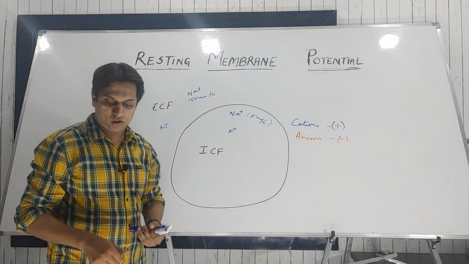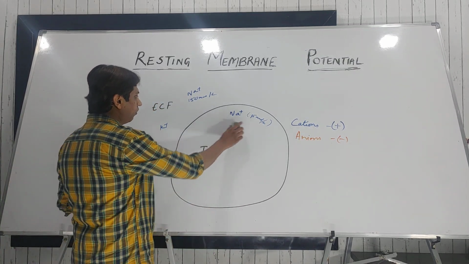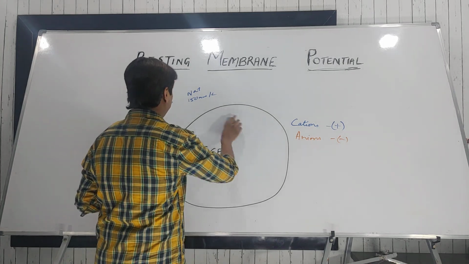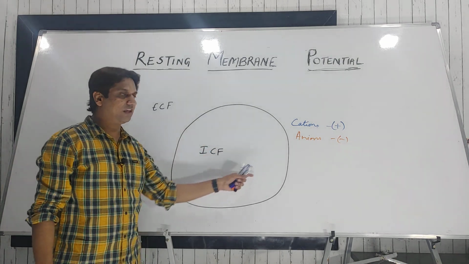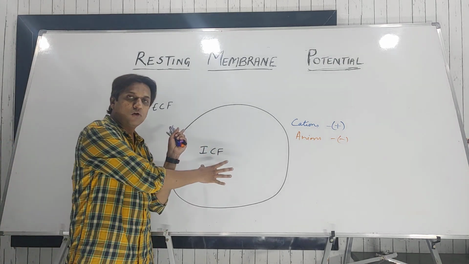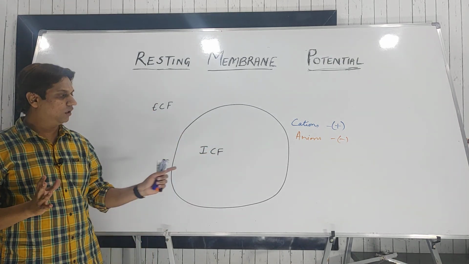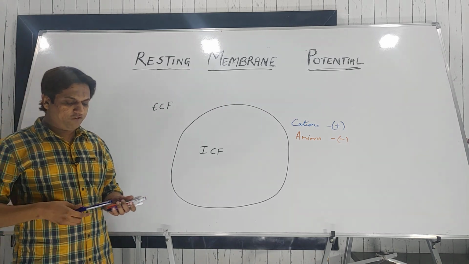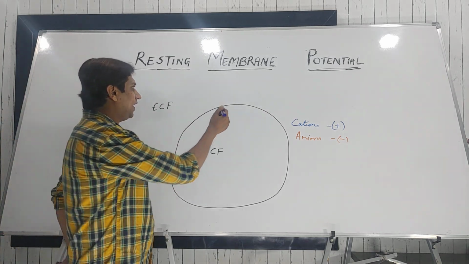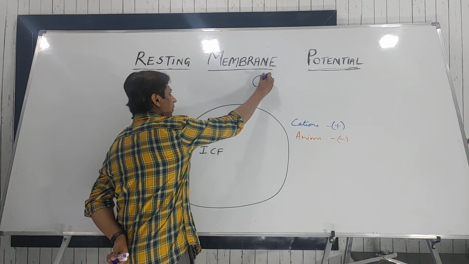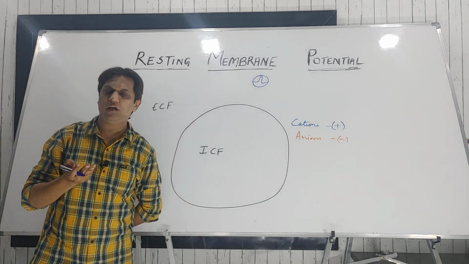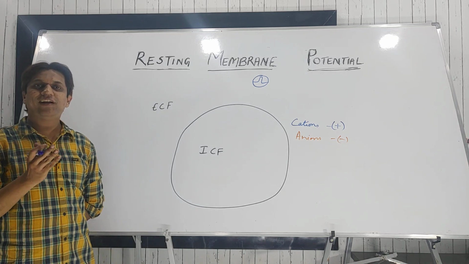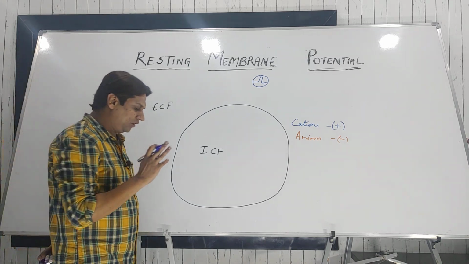Now let us try to define what the resting membrane potential is. If we consider this as a cell, more specifically a neuronal cell or a neuron, a nerve cell, and we place a voltage recording device, that is a voltmeter or a cathode ray oscilloscope, which will record the voltage difference between the electrodes.